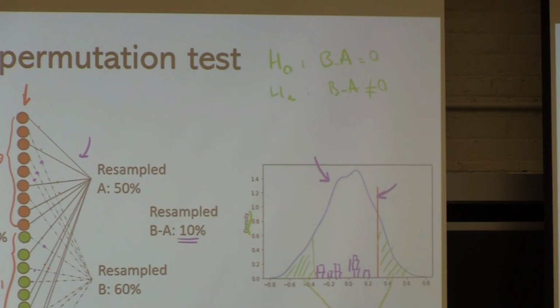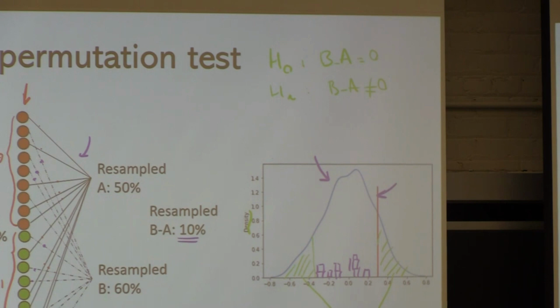So you can see that when these areas are small, it means that the red line is somewhat extreme, and it just means that observing that value under the null hypothesis is very unlikely. But we have observed it. So the reasonable thing to say is that it was unlikely to observe such a thing, but we observed it. So perhaps we need to go back and reject that assumption we made, which is H0 being true.